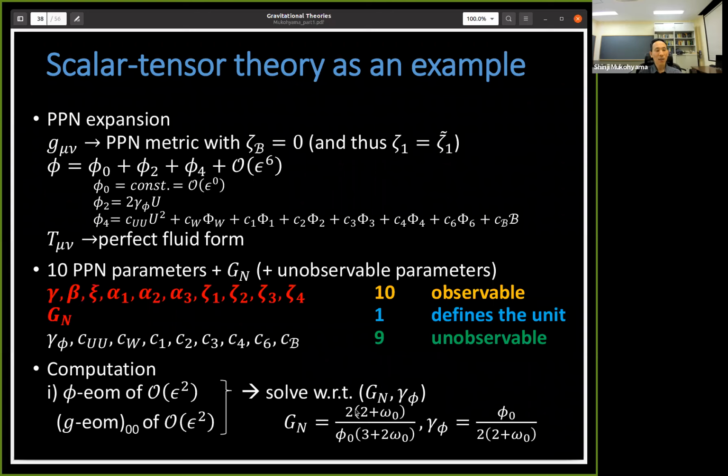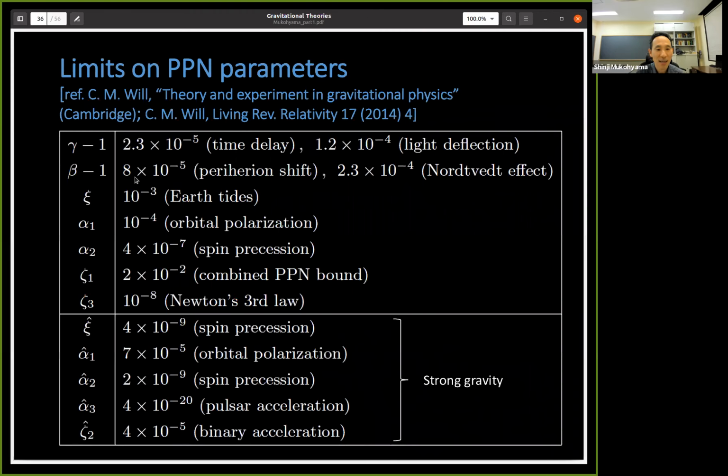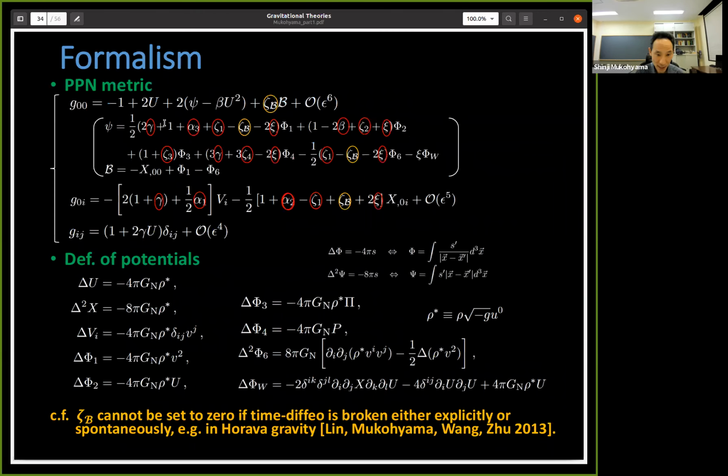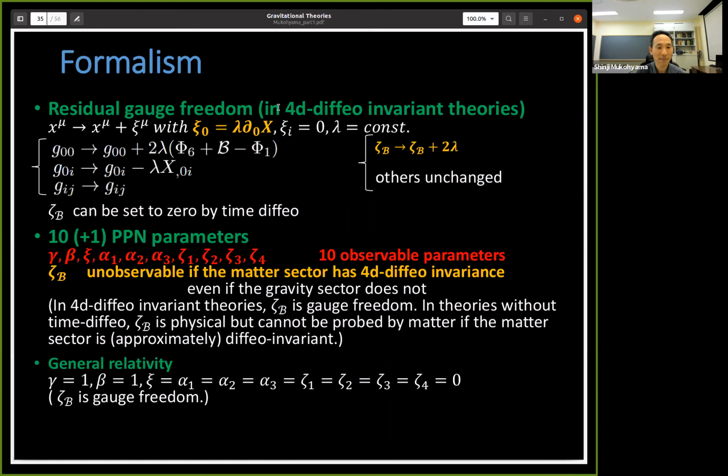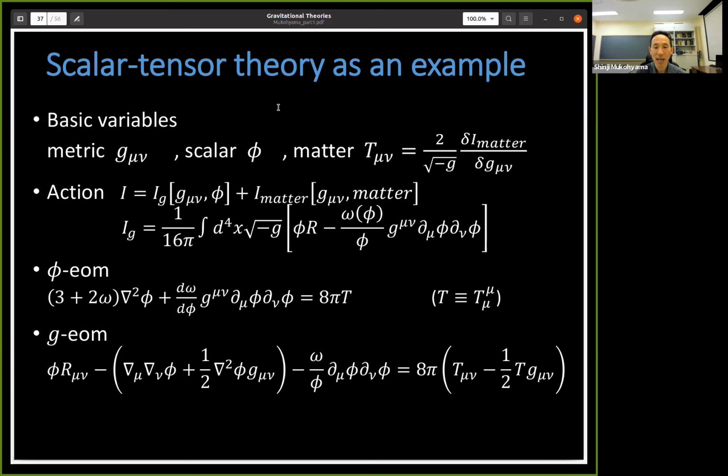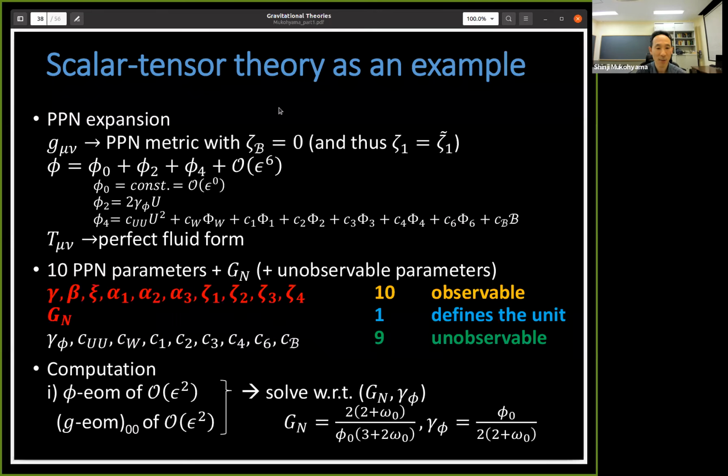Then we consider the PPN expansion. So the metric g mu nu is like this. We consider this PPN metric, but we can set theta b to be 0, because we have 4D diffeomorphisms; we can use the time diffeomorphism to set theta b to be 0.